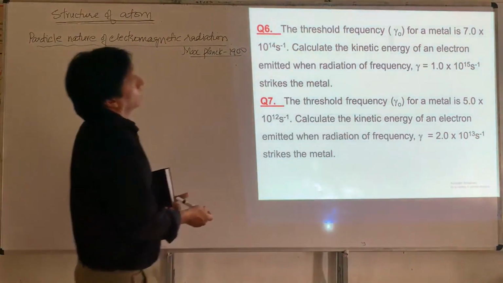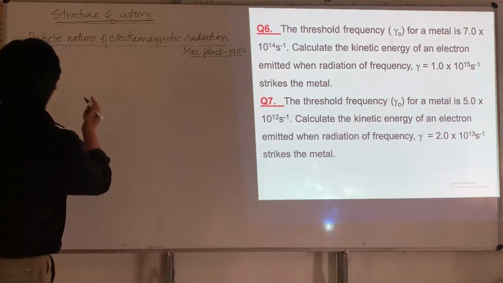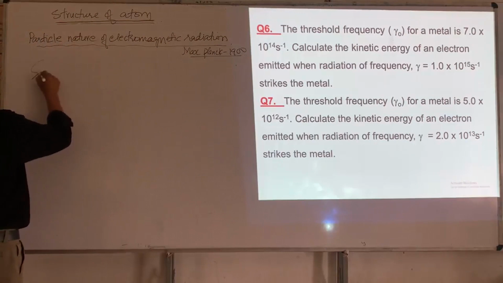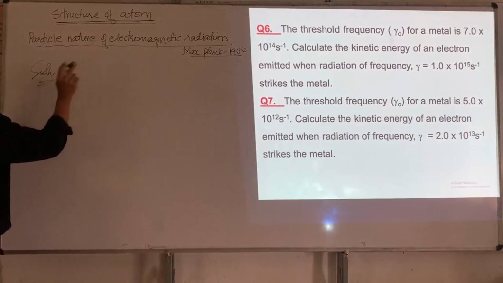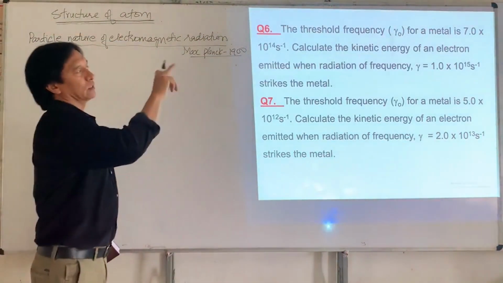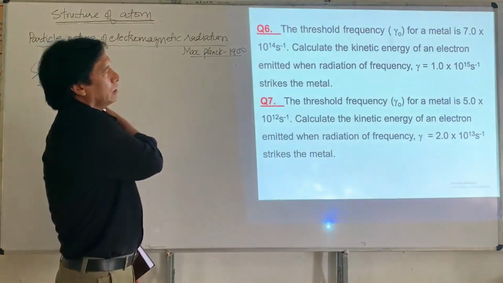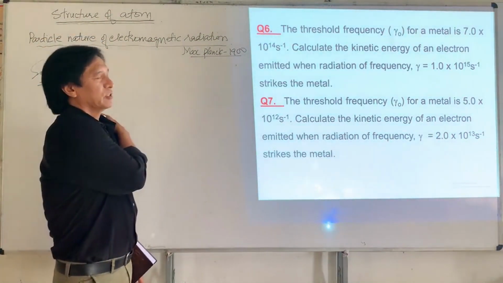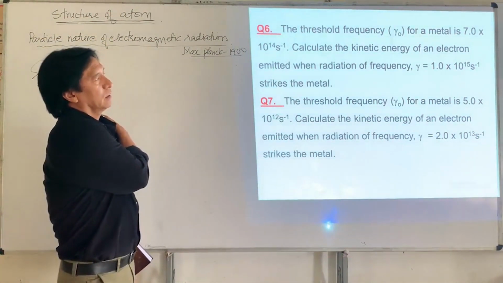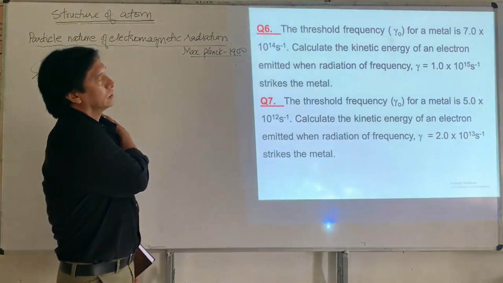So now here, this problem number 6, it says the threshold frequency, denoted by this symbol nu naught, for a metal is 7.0 into 10 raised to the power 14 per second. That's the minimum frequency required.